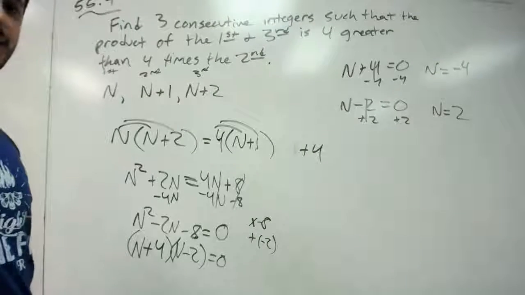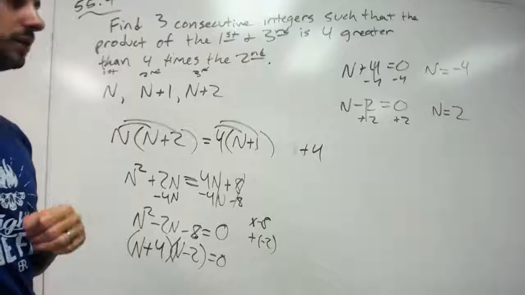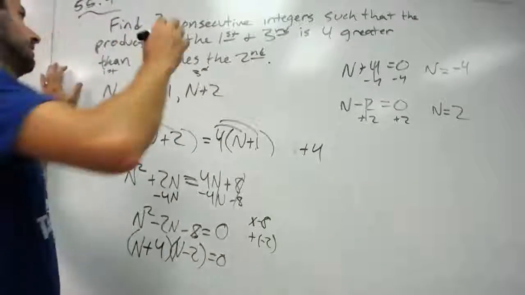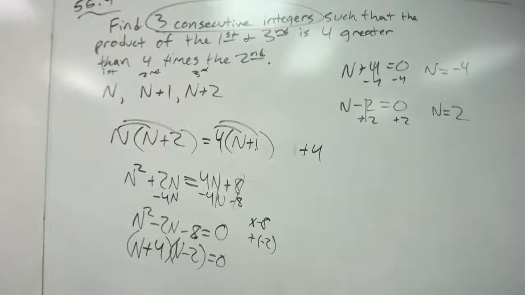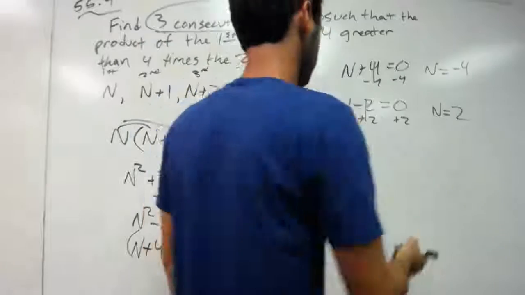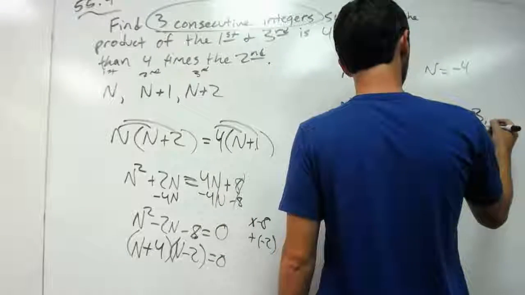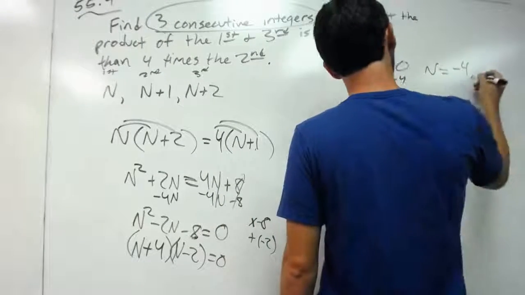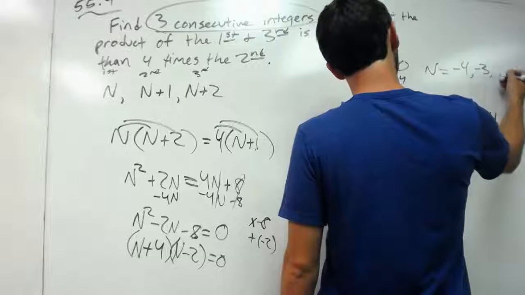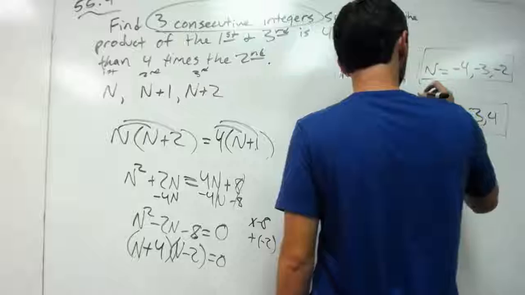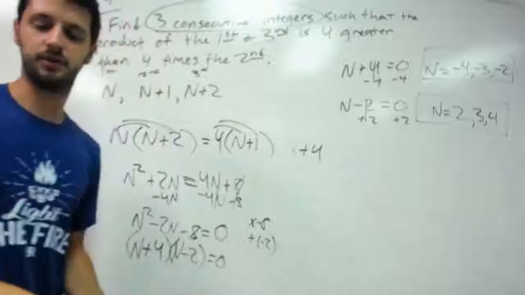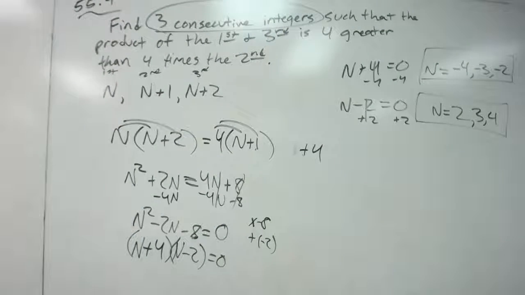Is that your answer? Not quite. You're close. But it said 3 consecutive integers. So the consecutive integers for these would be 2, 3, and 4, and negative 4, negative 3, and negative 2. So you have 2 sets of consecutive integers that would be possible. And that is how you do those word problems.